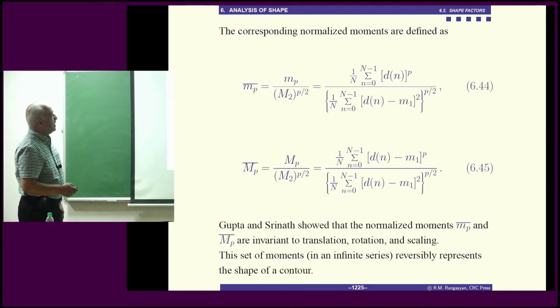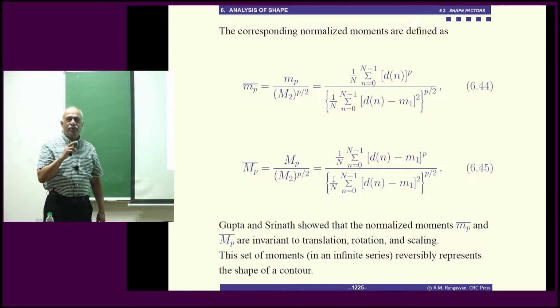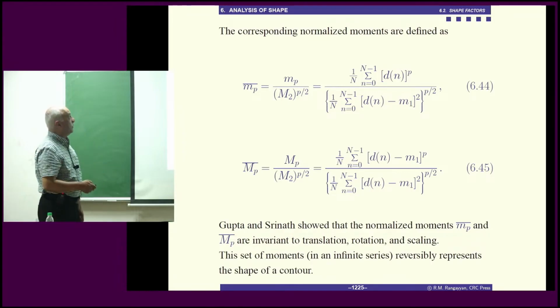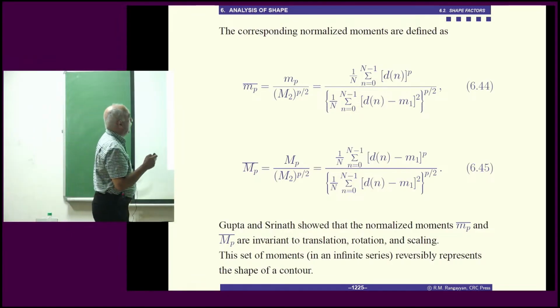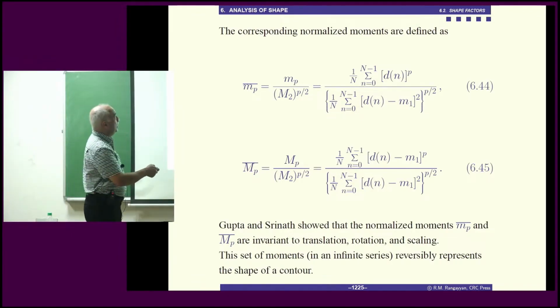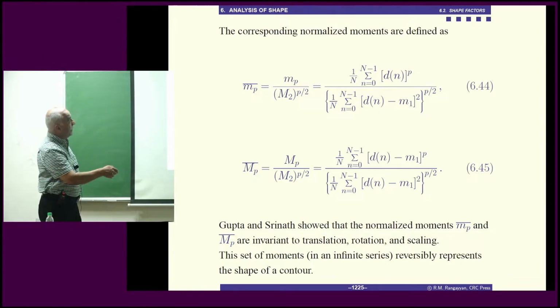You can normalize, but for normalization, there are a few different possibilities. What should be the denominator for normalization of the higher order moments? The pth order moment, dn to the power of p, divided by what? The statistic, using the variance to the appropriate power. This is the variance, dn minus m1 square.